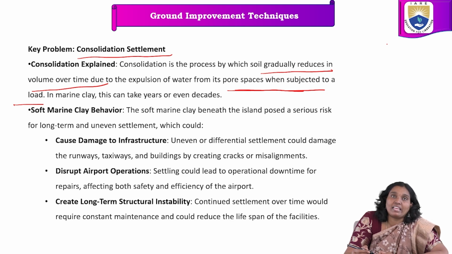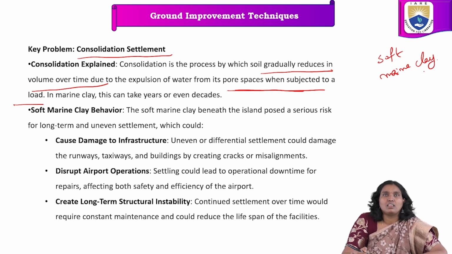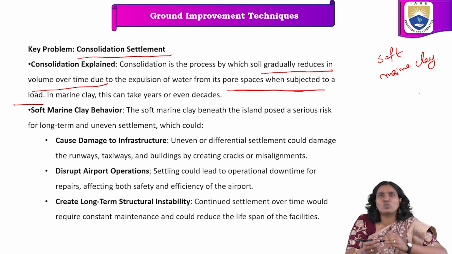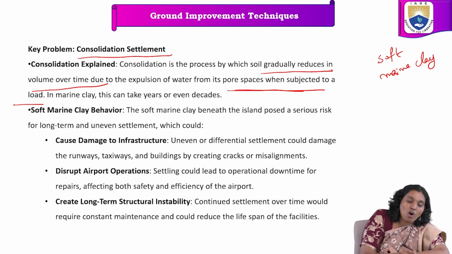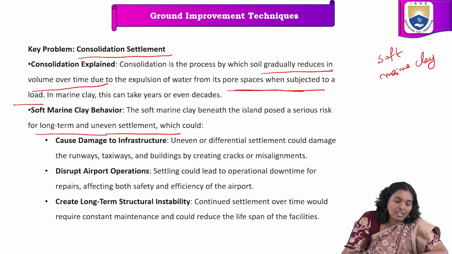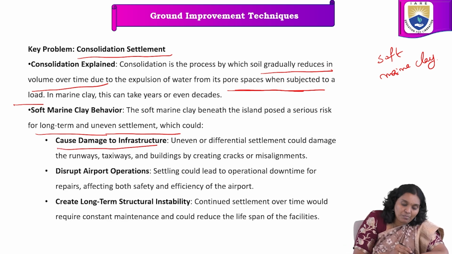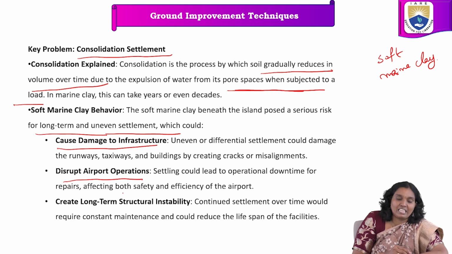Now, soft marine clay behavior. Here the soft marine clay, the island, posed a serious risk of long-term and uneven settlement, which could cause damage to the infrastructure, disrupt airport operations, and create long-term structural instability.